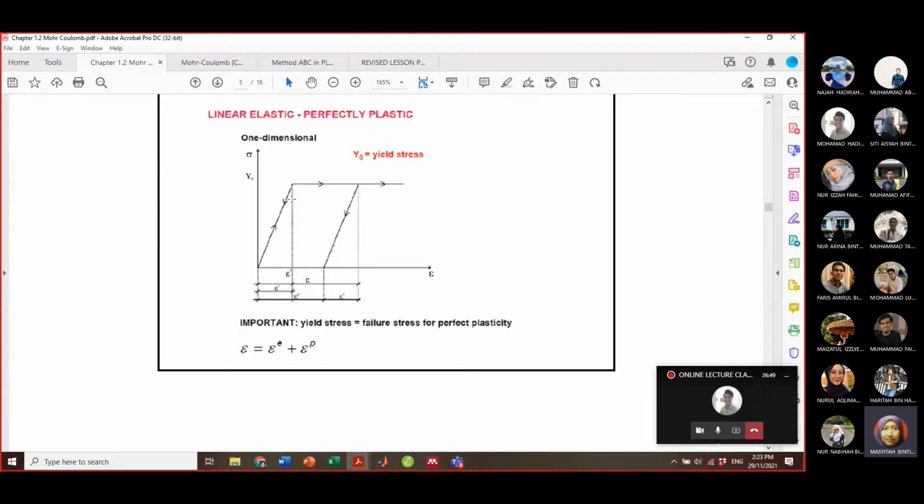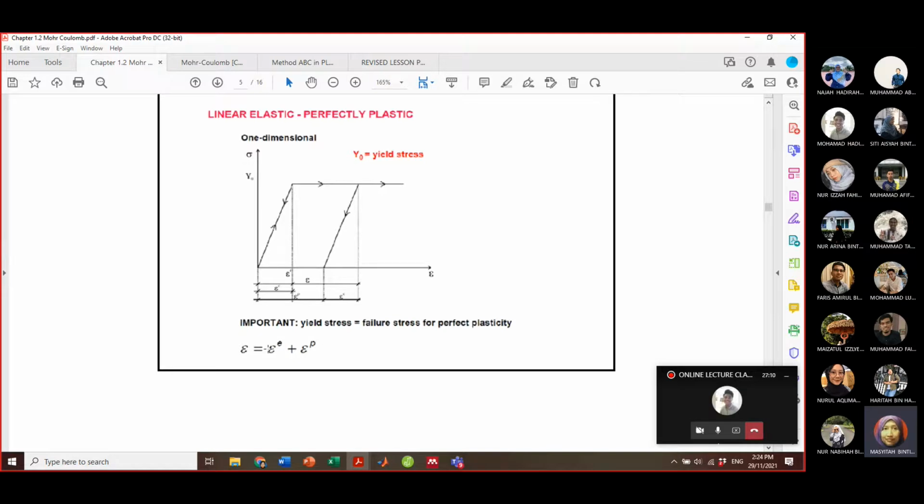So what is the strain? Strain consists of elastic strain plus plastic strain. I will not explain what strain is all about, so you have to revisit what exactly strain is, and why the strain consists of the summation of the elastic strain plus the plastic strain.